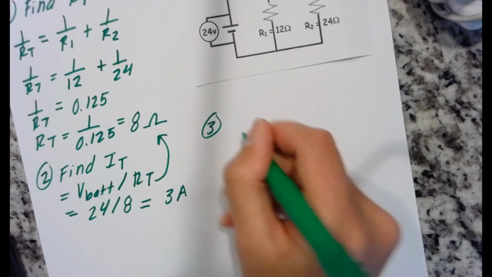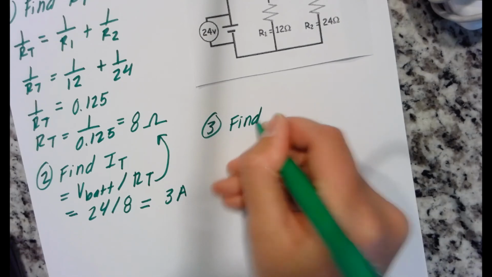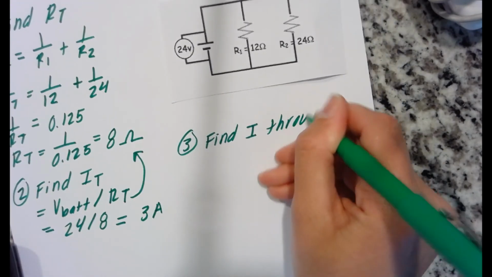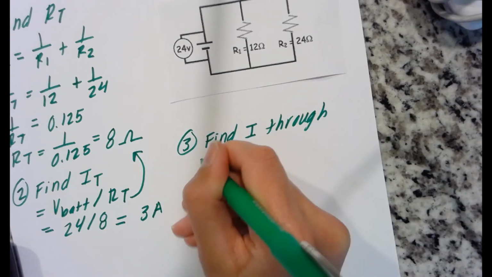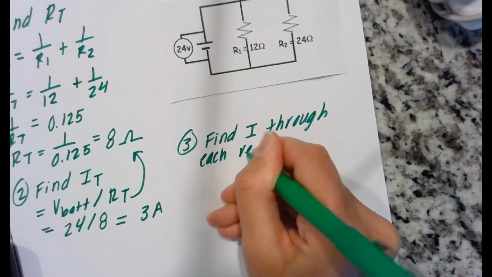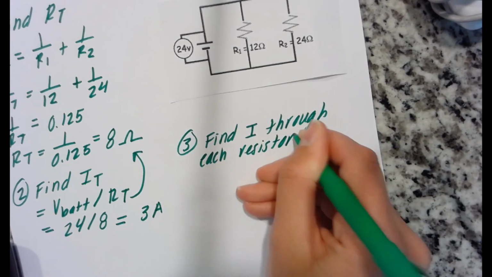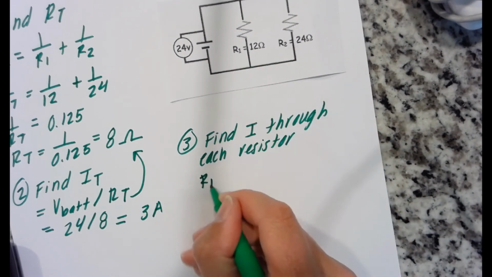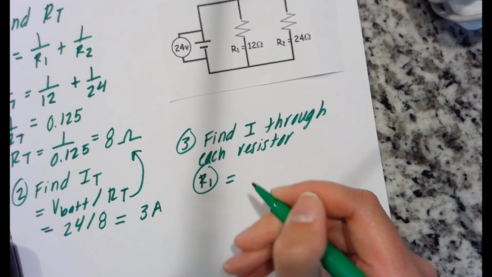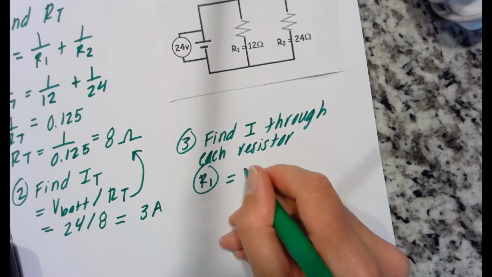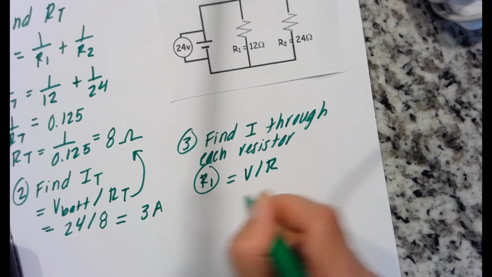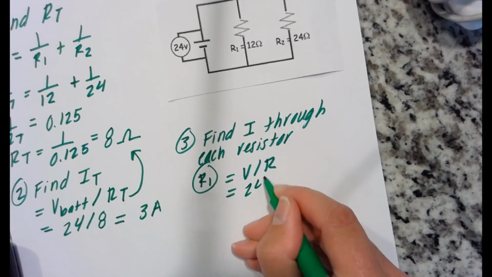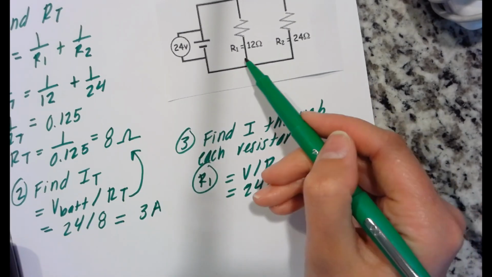So the last step is to find I, or current, through each resistor. We only have 2 resistors here, so for R1, I'm going to use the equation voltage divided by resistance. We're going to use that same voltage, 24, but now we're going to divide it by the resistance at the resistor.